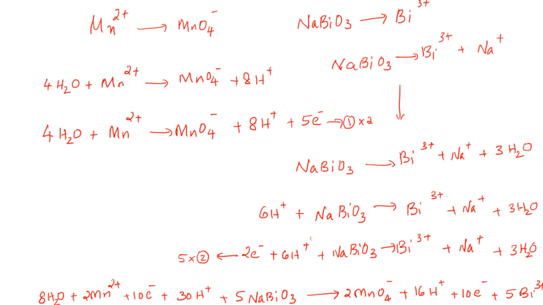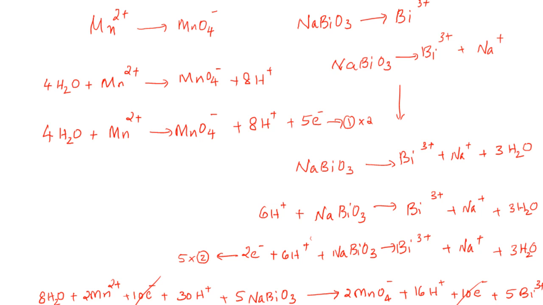Now I need to compare what exists on both sides. Of course, clearly I can see 10 electrons and 10 electrons. What else? We have some H+ and water on both sides, right? We have 8 waters on the left side and 15 waters on the right side. So 8 and 8 will go away, and what are we left with?